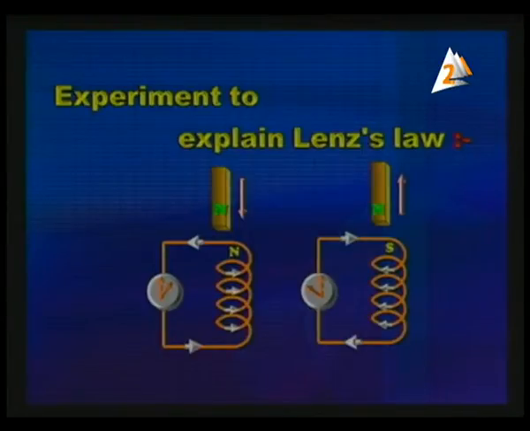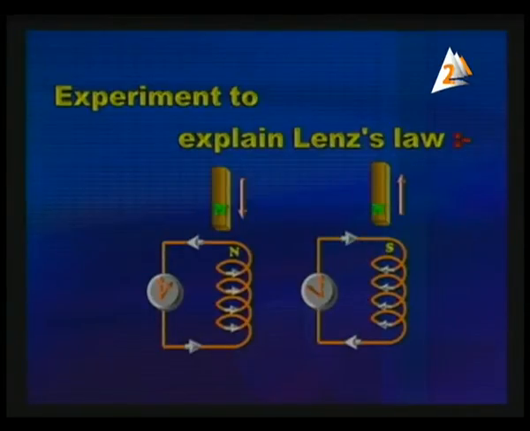So while moving the N pole towards the coil, an EMF is induced and current flows. And you see that an N pole is produced near the pole of the magnet, north pole, when we approach the North Pole.